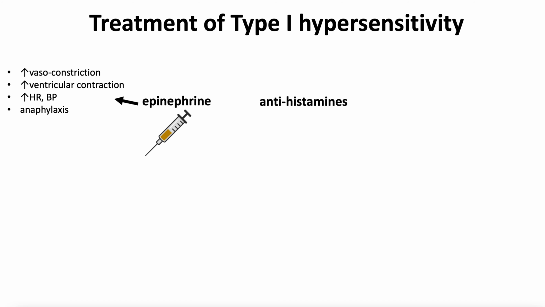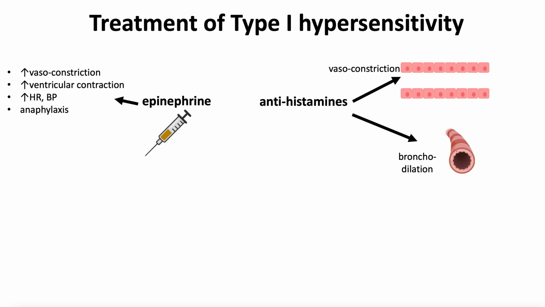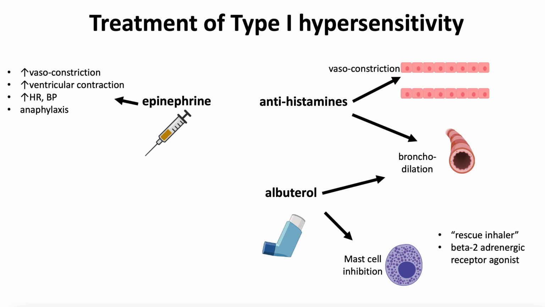Antihistamines are quite a common method of treating allergic reactions, and antihistamines can induce vasoconstriction and bronchodilation. Albuterol is a common method for treating certain types of asthmatic reactions, and that is because albuterol also induces bronchodilation. It also inhibits mast cell activation.